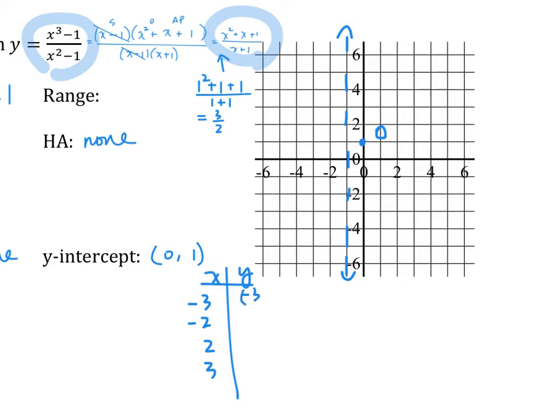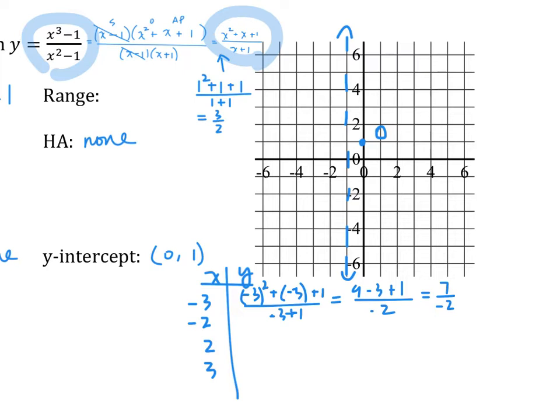Okay, -3 squared plus -3 plus 1 over -3 plus 1. That is 9 minus 3 plus 1 over -2. That is 7 over -2. So -3.5.